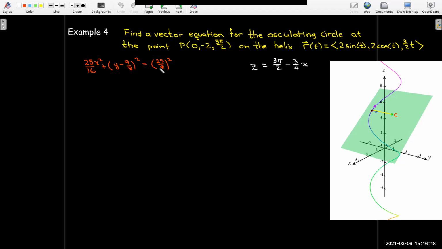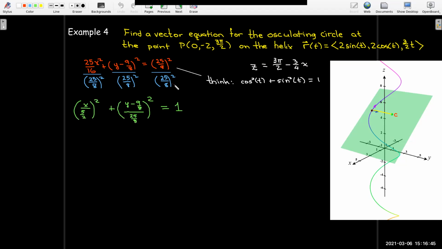Whenever we see something squared plus something squared equals something squared, we want to think about cosine squared t plus sine squared t equals 1. So the first thing I want to do is make the right-hand side 1. So I'll divide every term by the quantity 25 over 8 squared. And let me write everything inside the parentheses squared. So I have to simplify the 25 over 16.